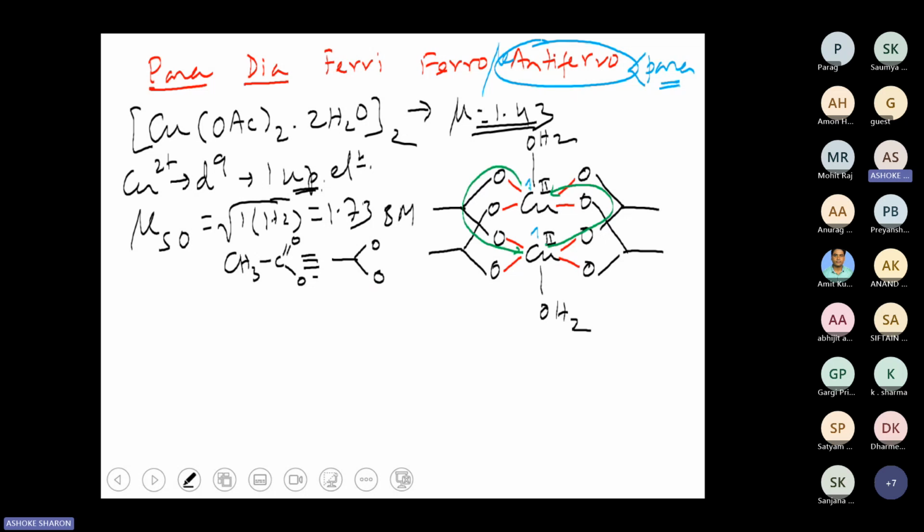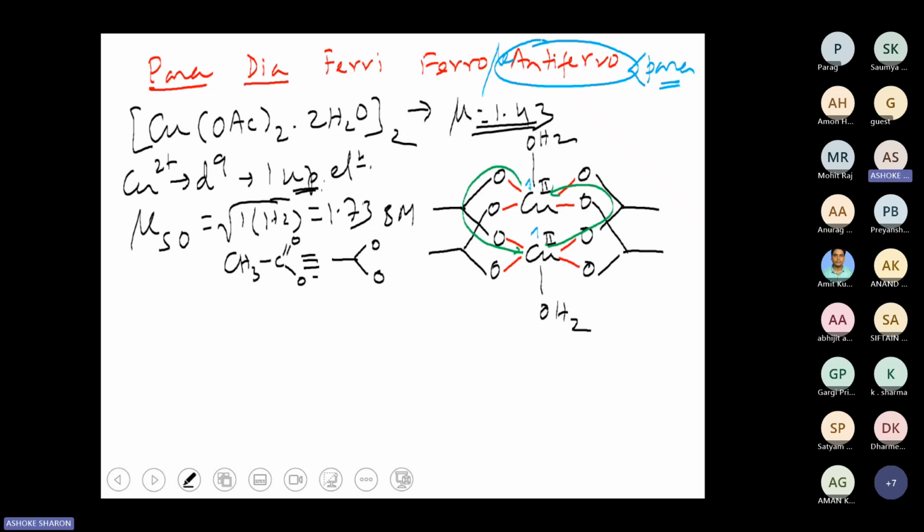But this kind of transfer or exchange does not take place to 100%, so there is a mixture of unpaired electron over each copper atom as well as paired up electron over each copper atom. Due to that, the magnetic moment mu value is 1.43, which is less than the expected value of 1.73 Bohr magneton.